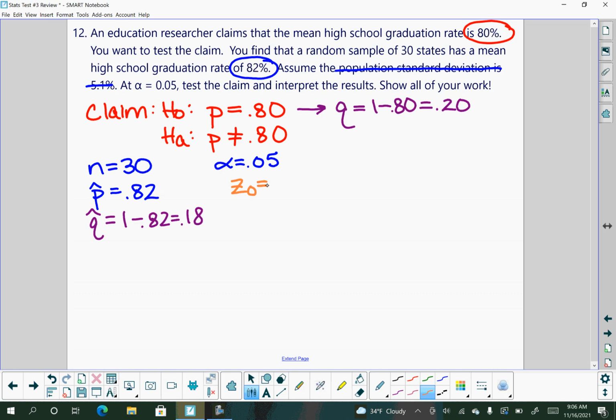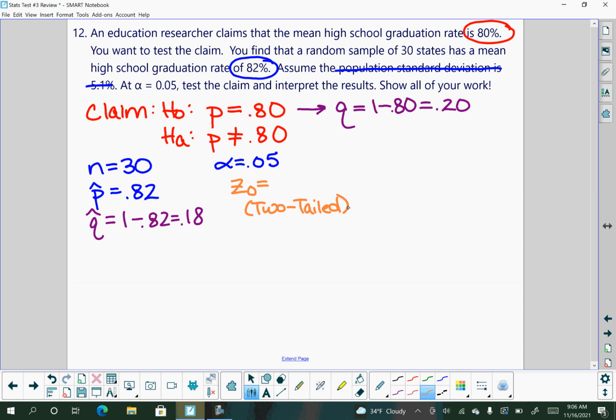We need to decide what kind of test we have, left tail, right tail, or two-tail. Because my alternative is not equal to, we have a two-tailed test. So you're going to look on your chart. These are, again, the written in values that you have, and those will be written in for you on the test tomorrow. You're going to look for two-tailed test.